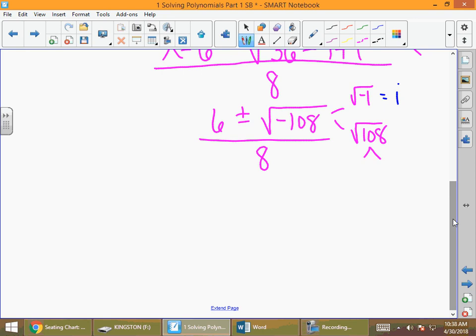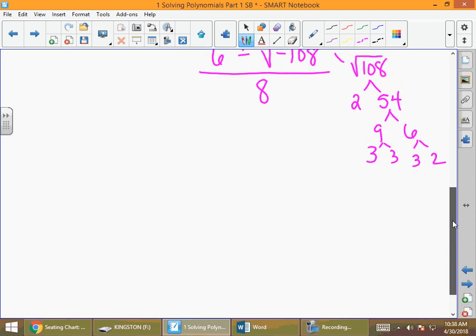So what we need to deal with more is the square root of 108, which is 2 times 54. It's not the only choice. Then 54 is 9 times 6, which is 3 times 3 and 3 times 2. If I write that a little bit better, it's 2 times 2 times 3 times 3 times 3.